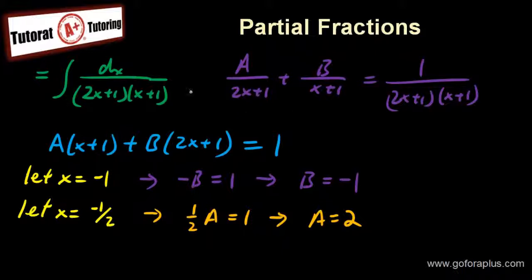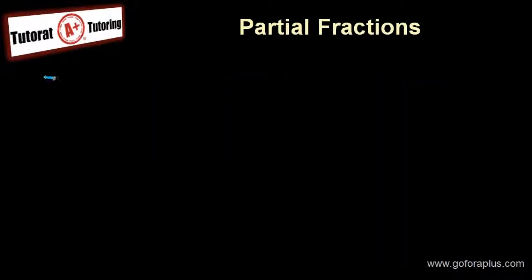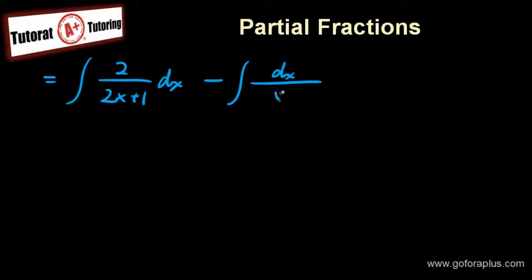Let me do that on the next page. So my integral is becoming, my A is 2, so 2 over 2x plus 1 dx, minus, because my B is minus 1, dx over x plus 1.